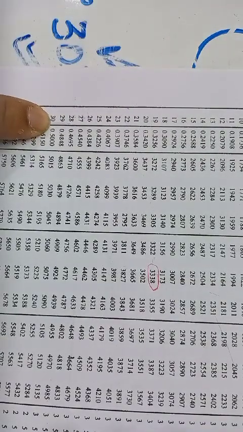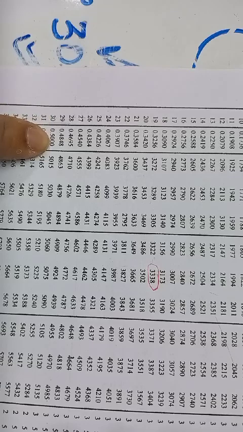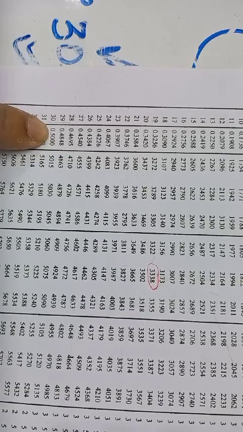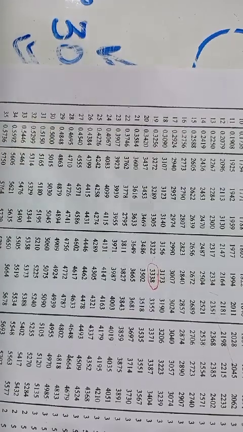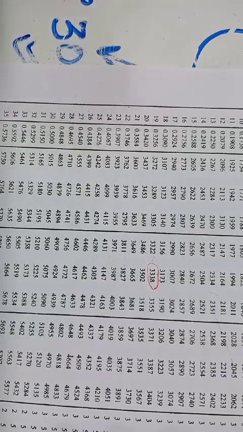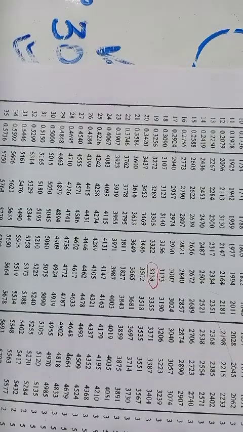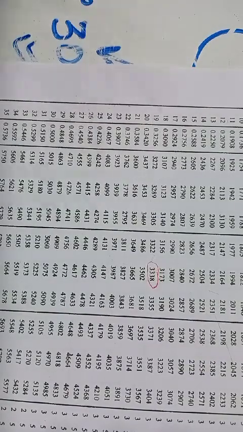Okay, so sine of 30, you can see over here, is 0.5000. This is obviously till 4 places of decimal. So this naturally means 0.5, which is half, which is something that we already know. Sine of 30 is half. Okay, so even if we did not have this table, we would certainly have been able to give this answer. What is sine 30? Sine 30 is half.